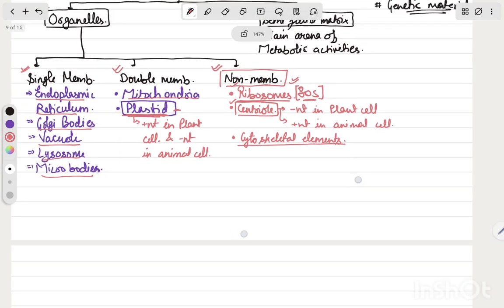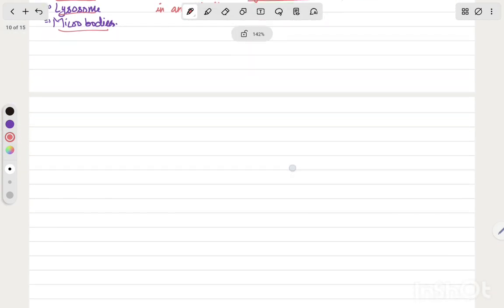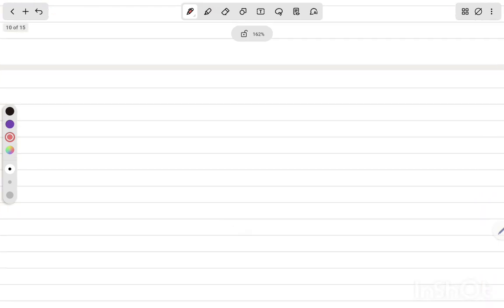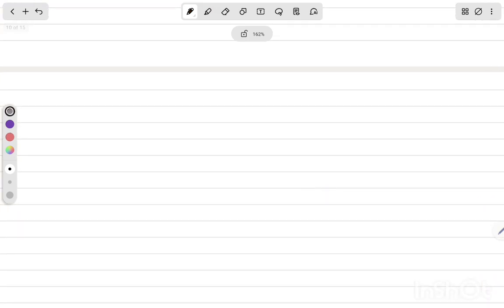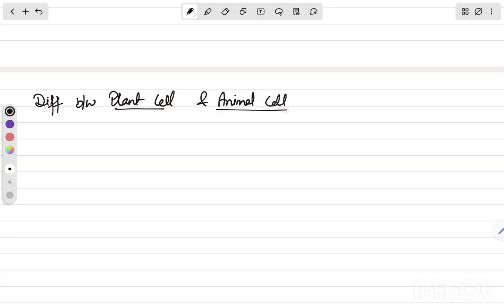Since we are discussing all the components, we'll quickly discuss the difference between plant cell and animal cell. So first category is plant cell, and the second category is animal cell.